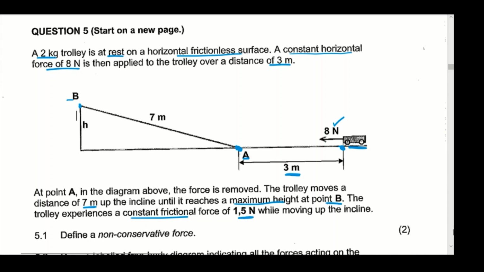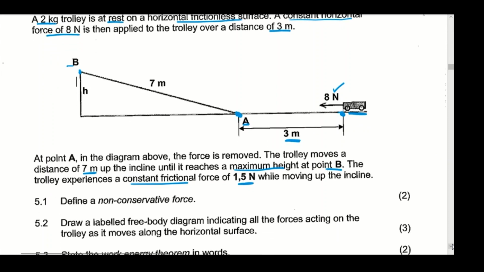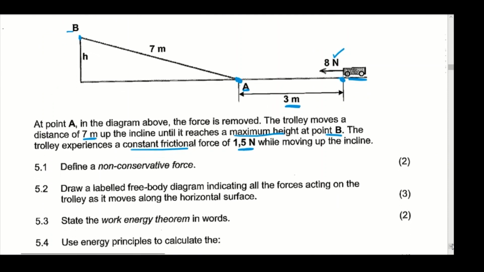Cool. So now we're going to do 5.1, which says define a non-conservative force.